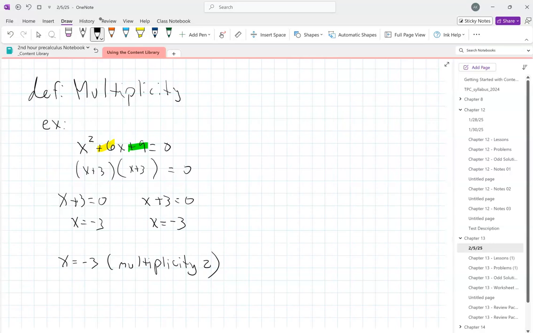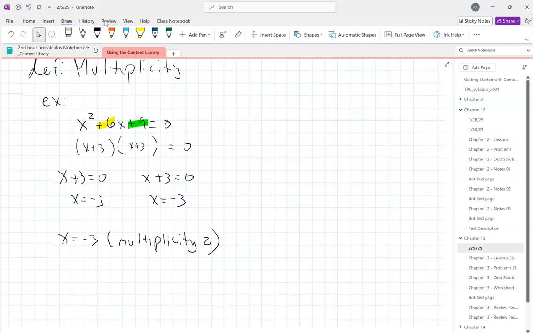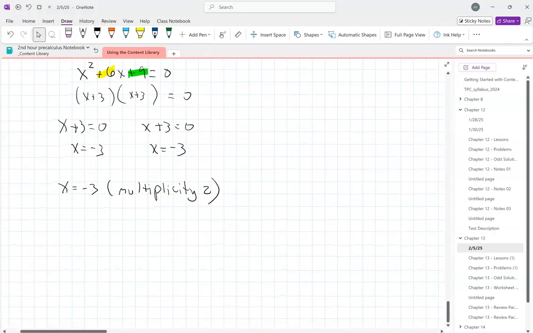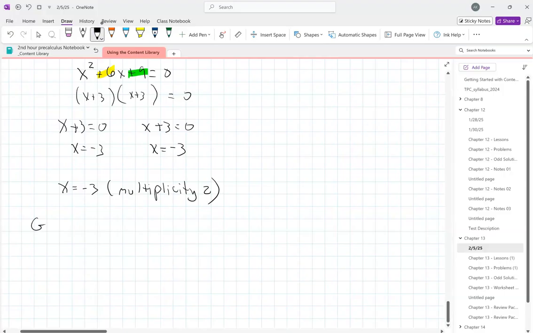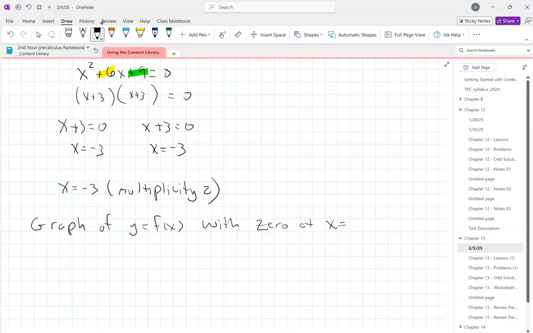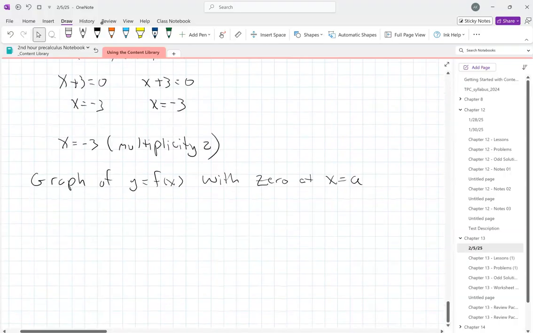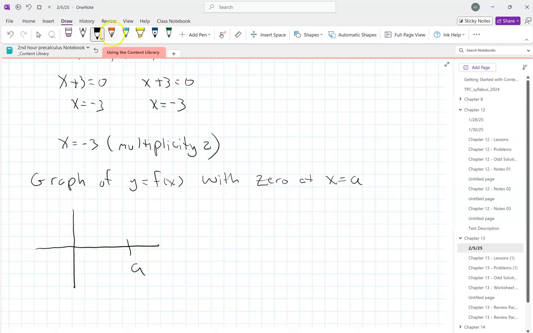Now, the nice part about these multiplicities is that they have a graphical analog. So if I think about the graph of, let's say I have some graph of f of x and it has some 0 at x equals a.